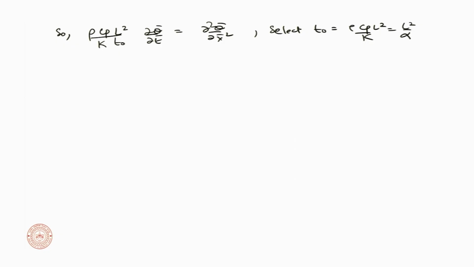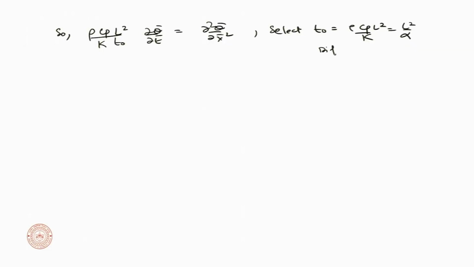For those who know, alpha is the thermal diffusivity, it is K over rho Cp. We have talked about it in the earlier class. So, L square over alpha is a time constant. This is called the diffusion time constant. Okay. In terms of units, L square will be meter square and alpha will be meter square per second. So, meter square over meter square per second will be seconds.